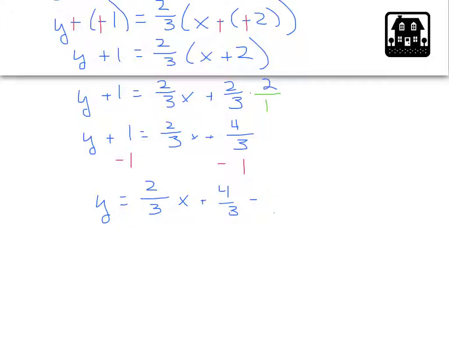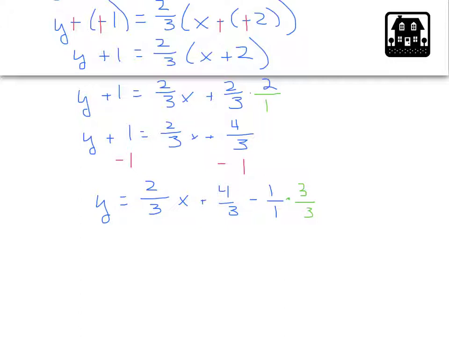But we're going to change that 1 to 1 over 1 because we're now combining fractions, and what we're looking for is to get a common denominator between 4/3 and 1 over 1. So to do that, we're going to multiply our 1 over 1 by 1 in the form of 3 over 3. That will give us a denominator of 3.